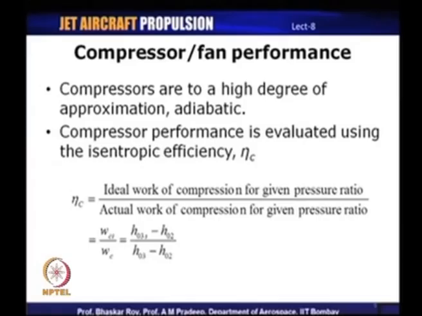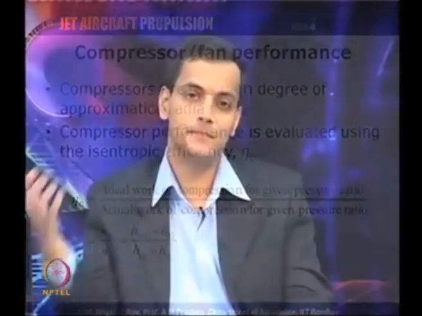This ratio, ideal work divided by actual work, will define the compressor efficiency, which means the ideal work of a compressor would be the difference between the ideal stagnation enthalpy at the exit of the compressor and the inlet stagnation enthalpy, divided by the actual stagnation enthalpy minus the inlet stagnation enthalpy.